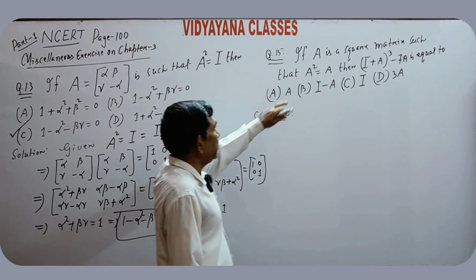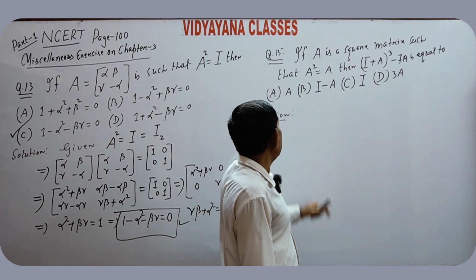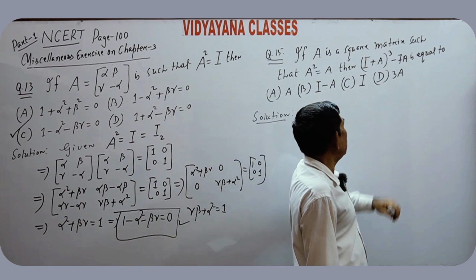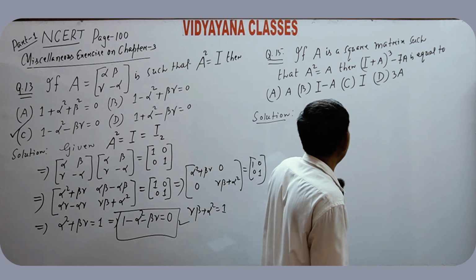Next, question number 15. If A is a square matrix so that A square is equal to A, then (I plus A) whole cube minus 7A is equal to dash.